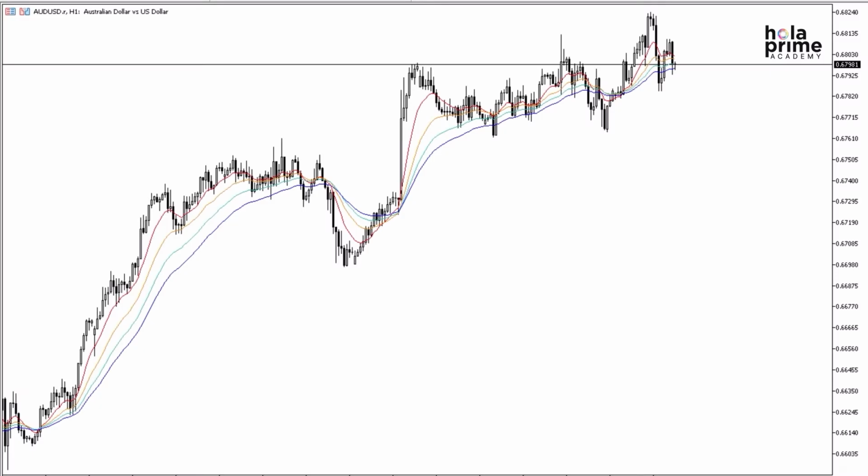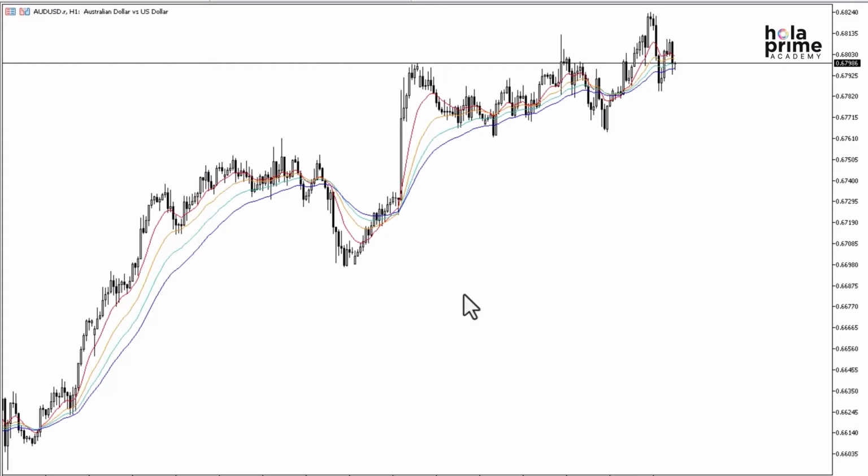So in front of you, you have the Australian dollar versus US dollar 1 hour chart, and you can see that there are four moving averages on the chart. And like I said, in my example, I will use the 10, the 20, the 30, and the 40 exponential moving average.